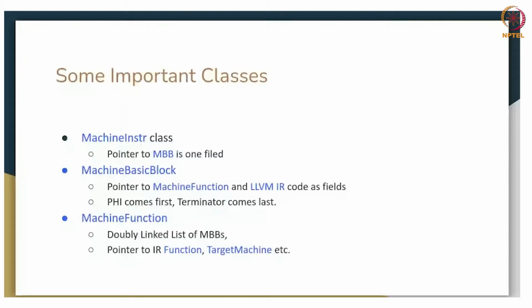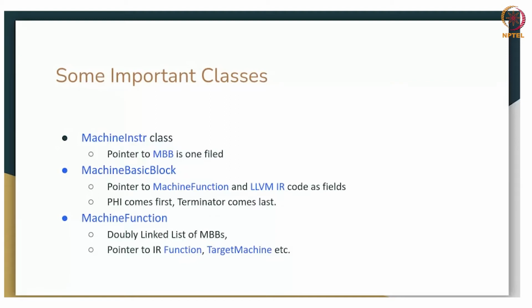The machine basic block has pointers to the machine function and the LLVM IR code as fields. This is very important: if you want the equivalent LLVM IR of a machine basic block, there is already a field that points to the corresponding LLVM IR code. So getting back the LLVM IR from a machine basic block is easy.